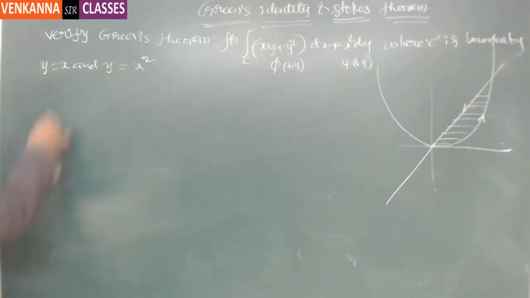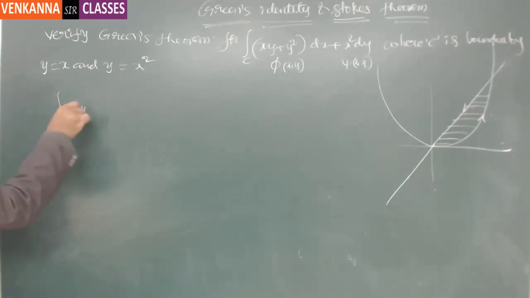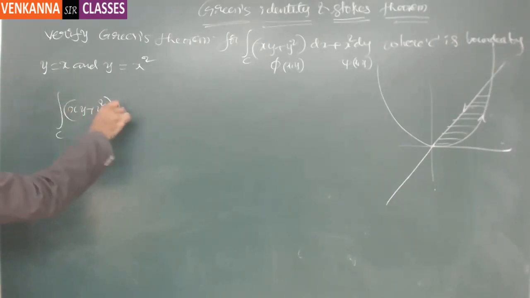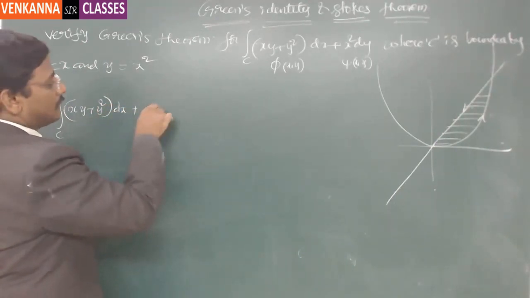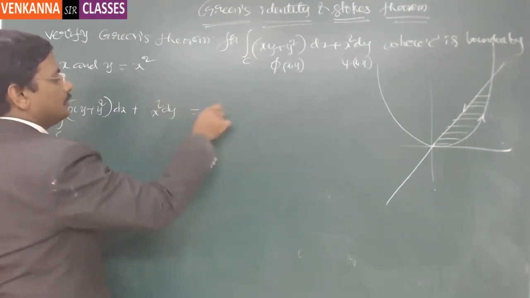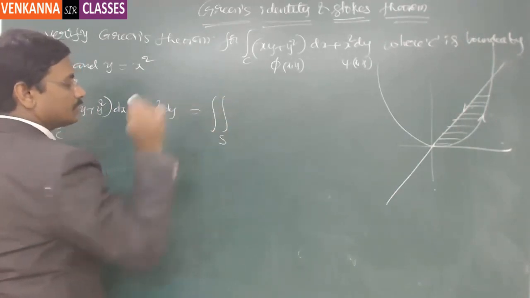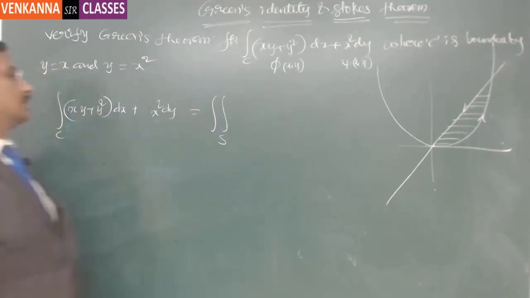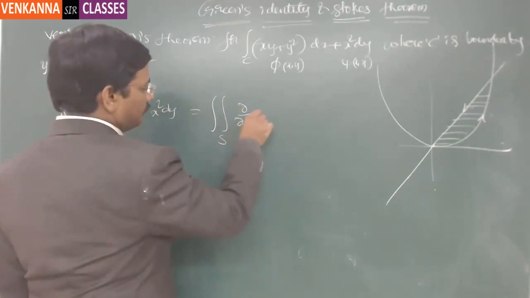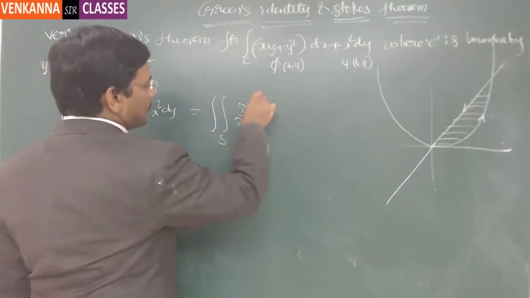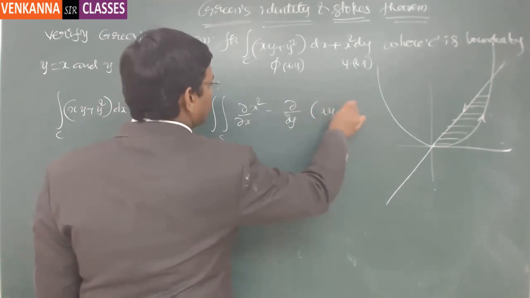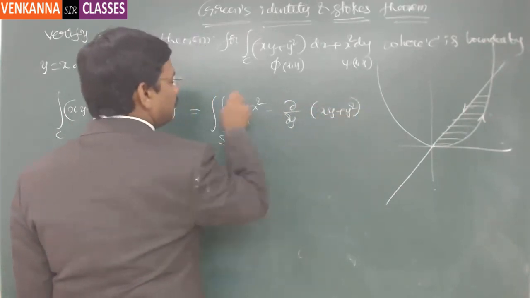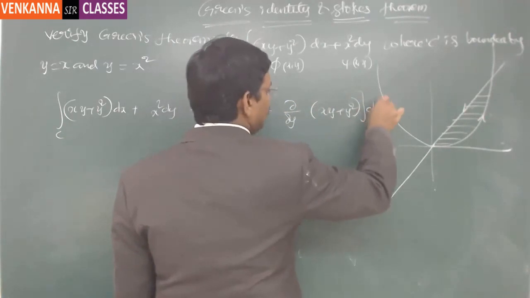Now as per Green's theorem, the integral of (xy plus y square) dx plus x square dy is equal to the double integral over the surface S of dou by dou x of x square minus dou by dou y of (xy plus y square), for dx dy.